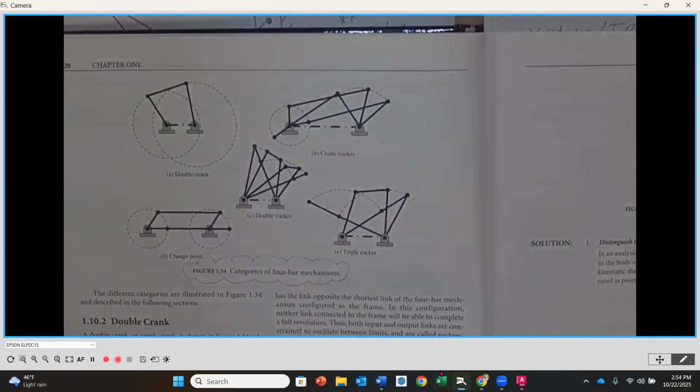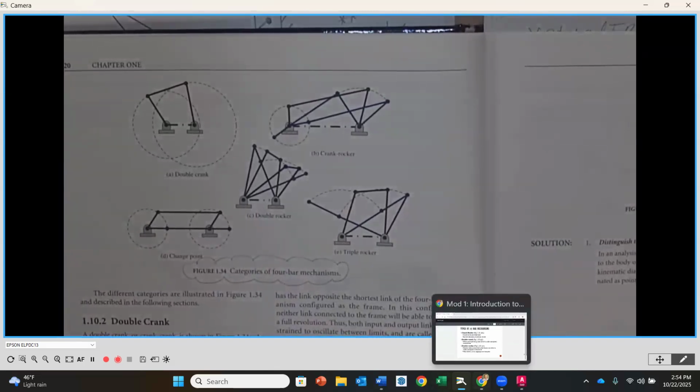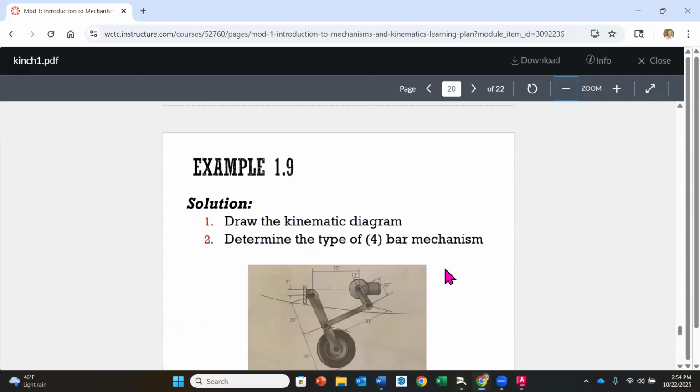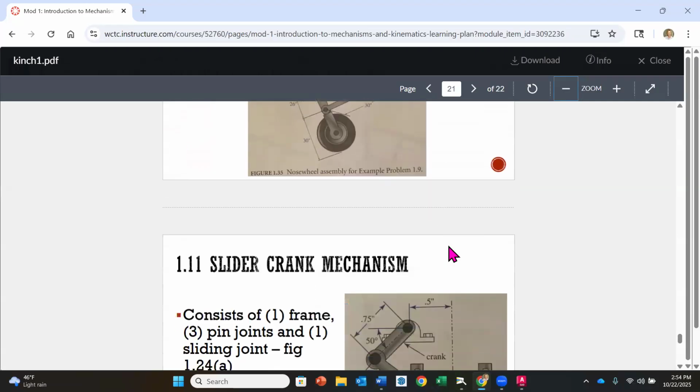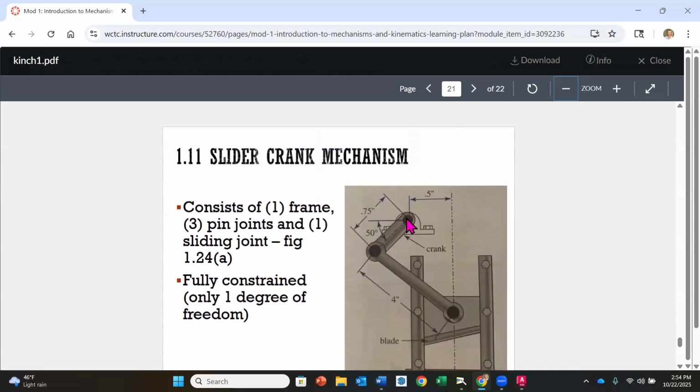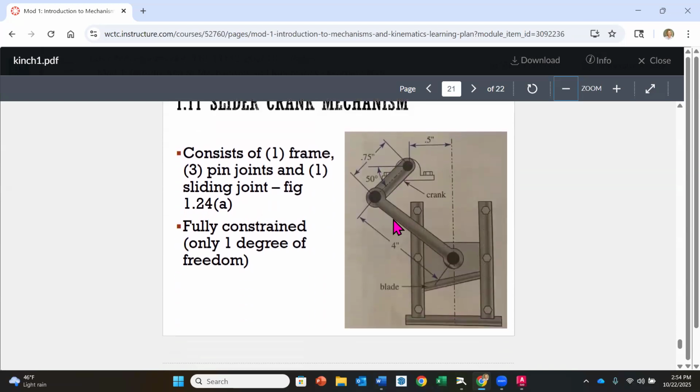Okay, and then the 4th type of mechanism is going to be the slider crank mechanism, okay? The slider crank mechanism is going to be like our can crusher that we just looked at, where we have the input either going around in a circle or oscillating, and then the output is going to be a linear motion, whether it's vertical or horizontal.